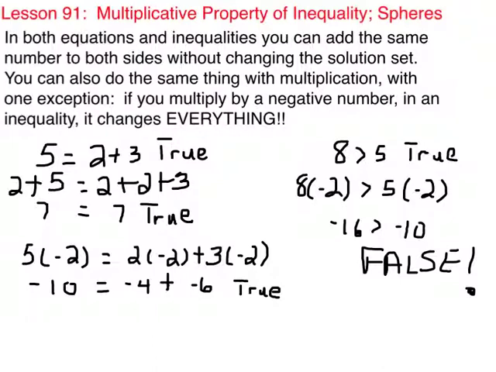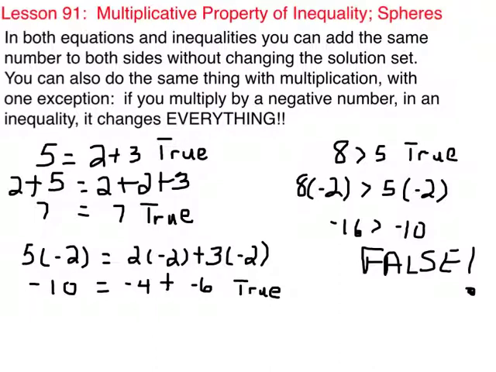So if we say 5 equals 2 plus 3, that's a true statement. And 2 plus 5 equals 2 plus 2 plus 3. So if I add 2 to the left side of the equation and add 2 to the right side of the equation, I still have a true answer, 7 on both sides. In an equation again, 5 times negative 2, and then 2 times negative 2 plus 3 times negative 2.